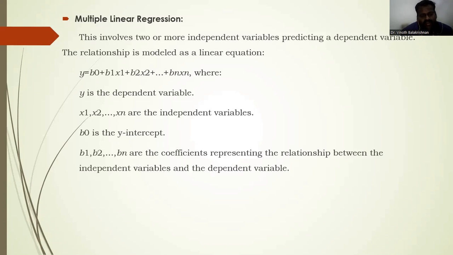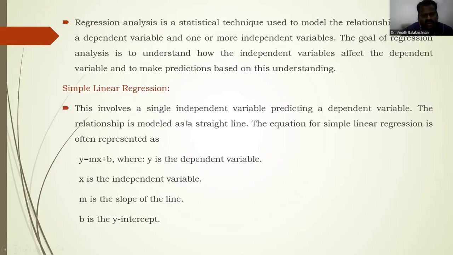Then, for the simple linear regression model and the multiple linear regression model, how do we estimate the unknown parameters? What are the unknown parameters in the previous model? The intercept and slope, b and m. These are called the unknown parameters. We find them using the ordinary least squares method.